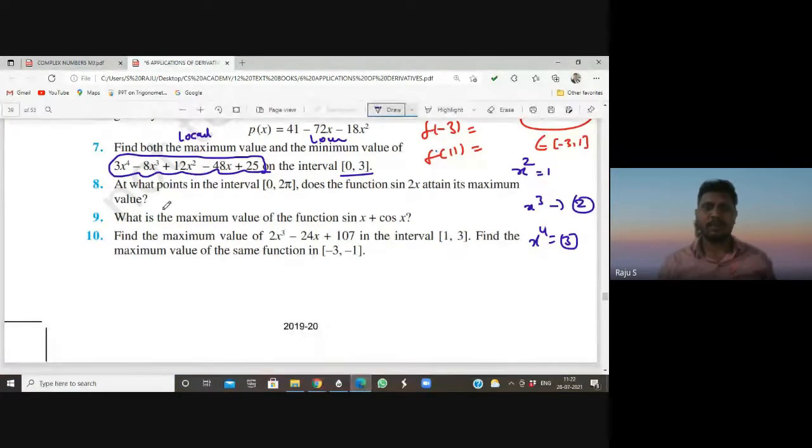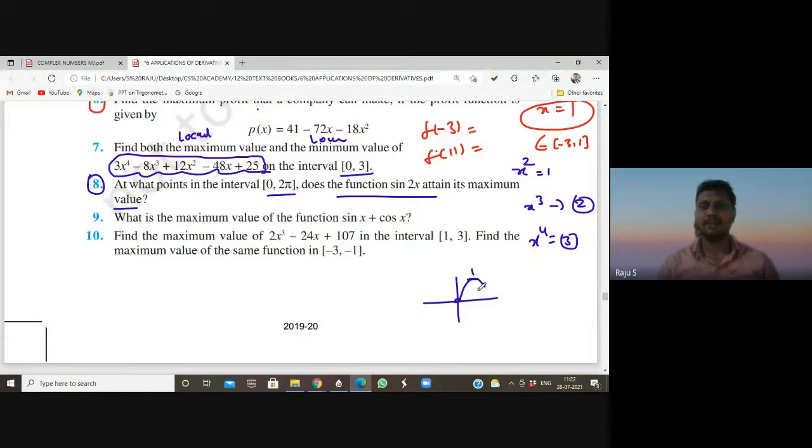Okay. So question number 8. At what points in the interval 0 to 2 pi does the function sine 2x attain its maximum value? Yes, sine 2x, not sine x. We know that sine x has maximum value 1 at x is equal to pi by 2, and minimum value minus 1 at x is equal to 3 pi by 2, that is 270.